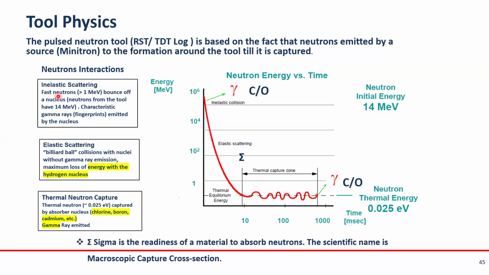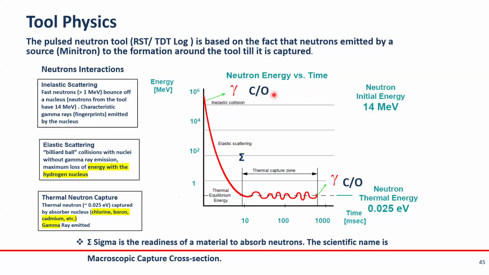Fast neutrons, more than 1 mega electron volt, bounce off a nucleus, and the characteristic gamma ray fingerprint is emitted.